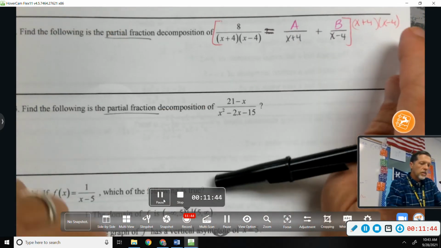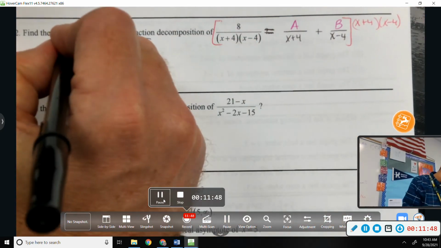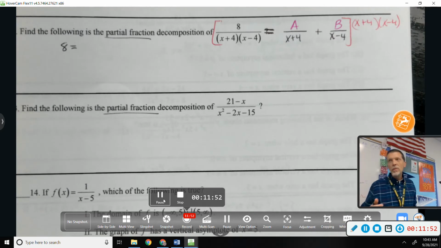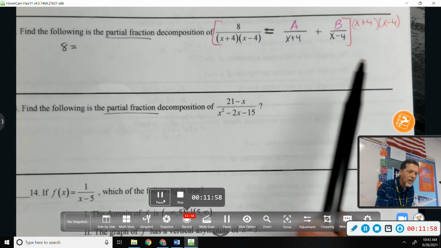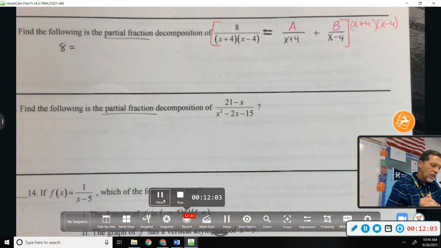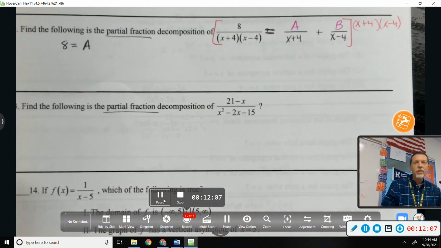So on the left, I get 8. On the right, this is the step that people mess up. So it would really be helpful if you guys were watching so you don't mess this up tomorrow, Thursday. On this first term, the x plus 4's cancel. So what is left standing with a?